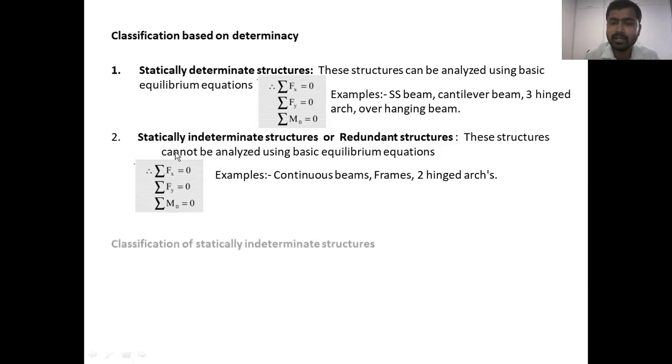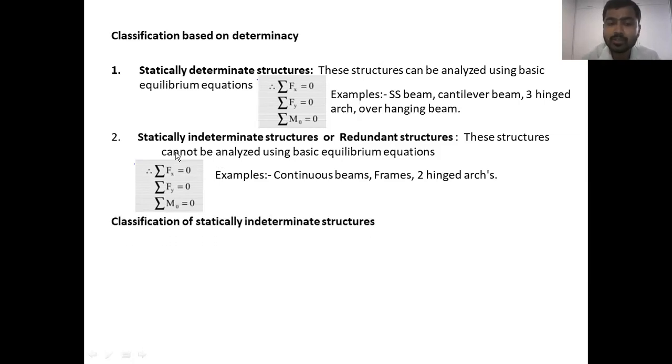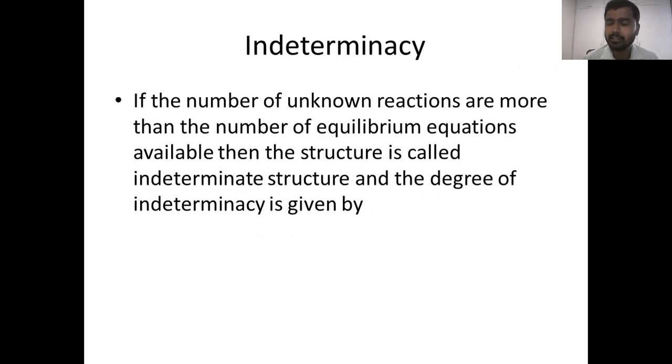But here, if you see the classification, statically indeterminate structures have been divided into 2 types. One is external indeterminacy, the other is internal indeterminacy. Now you have to know what is meant by external and internal indeterminacy. But first I just wanted to clearly explain indeterminacy.